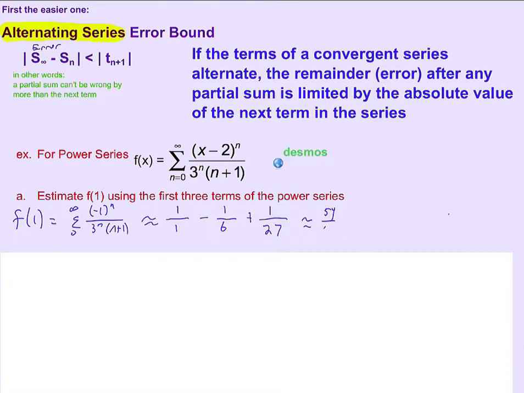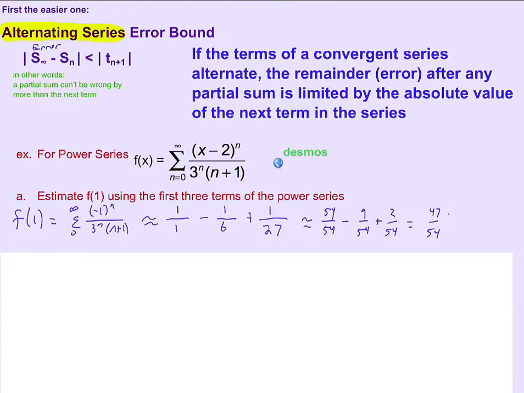So that's 54 over 54 minus 9 over 54 plus 2 over 54. And that is 47 over 54. That is my partial sum after 3 terms.